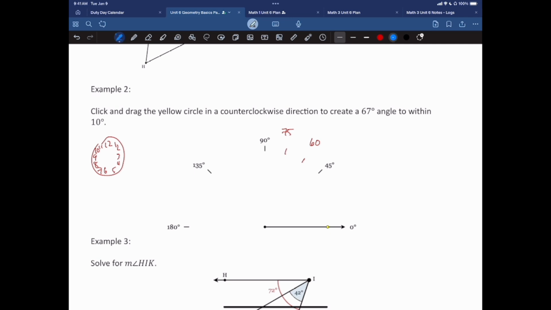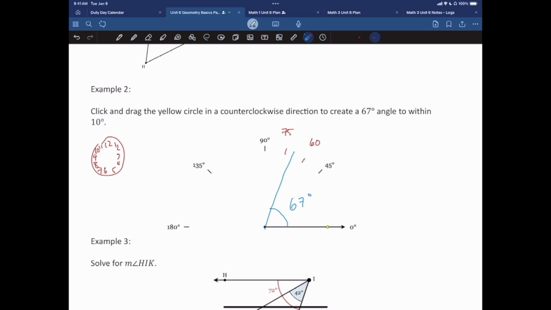So I'm going to say it's right here, and we'll call this 67 degrees. If we were to take this line and just turn it, that'd be pretty close. Delta Math will tell you if you're close or not. All you're doing when you measure an angle is measuring how much it turns.